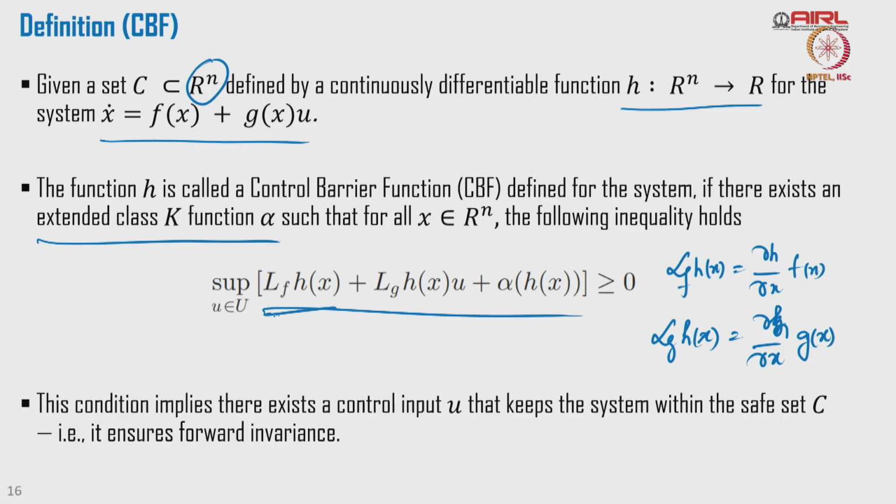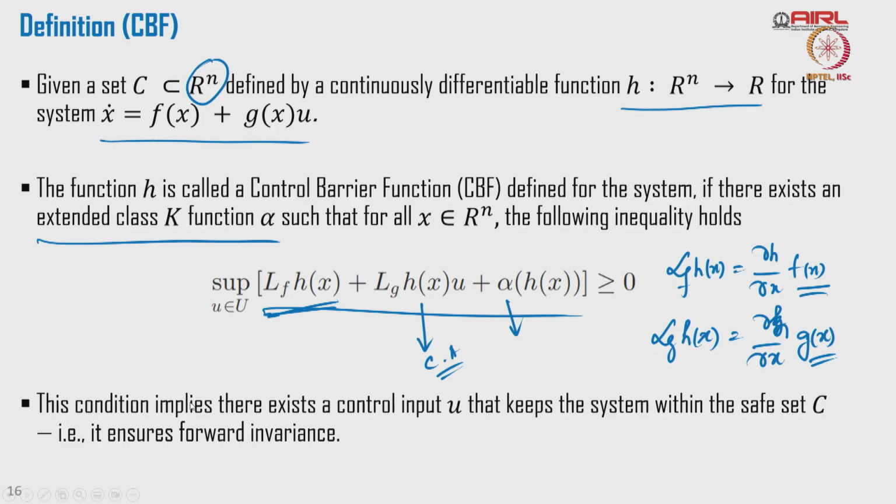These two terms show the rate of change of h, the control barrier function, in the direction of f(x) and g(x), and that is the advantage of a control affine system: when we take the rate of change of h in the direction of f(x) and g(x), it still remains control affine, right? So that is an advantage of taking a control affine system. And this is the extended class K function which has the argument h(x).